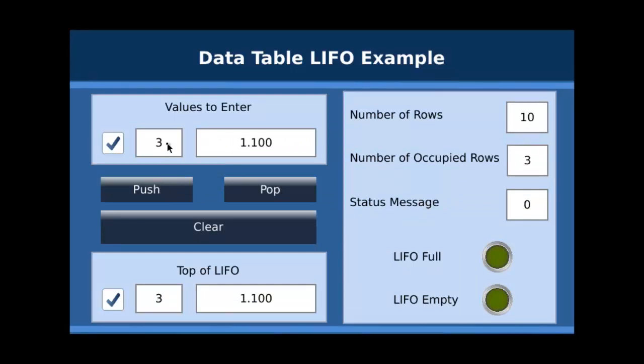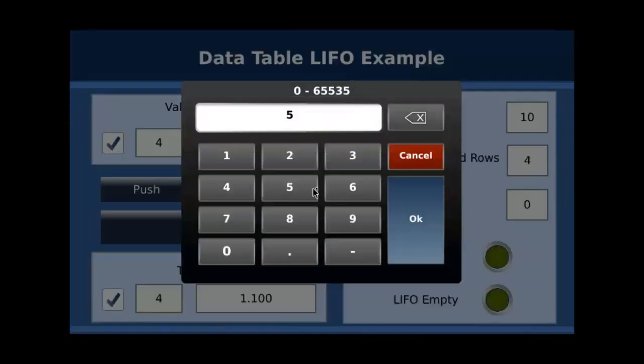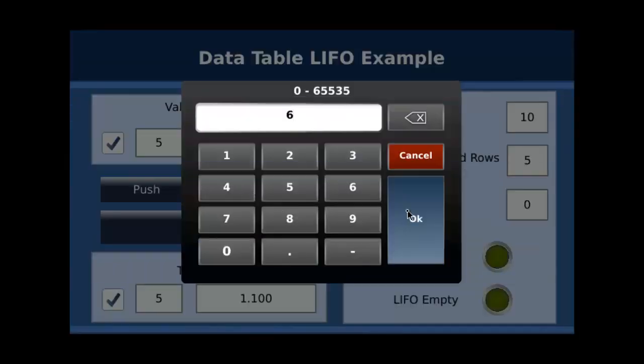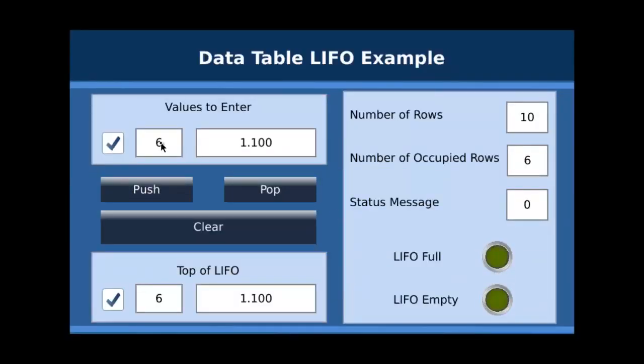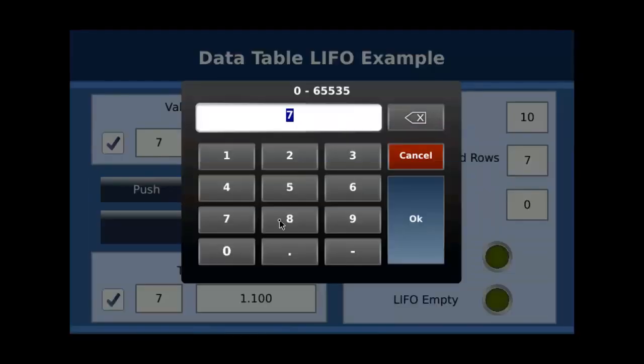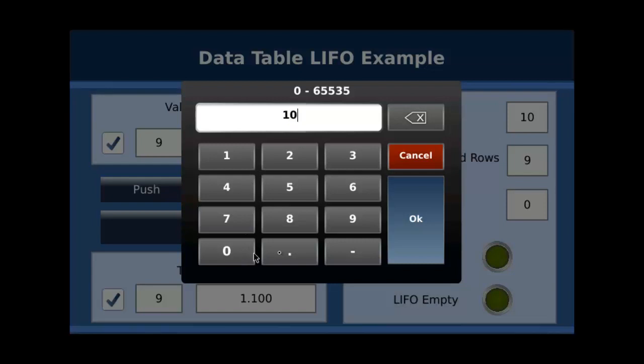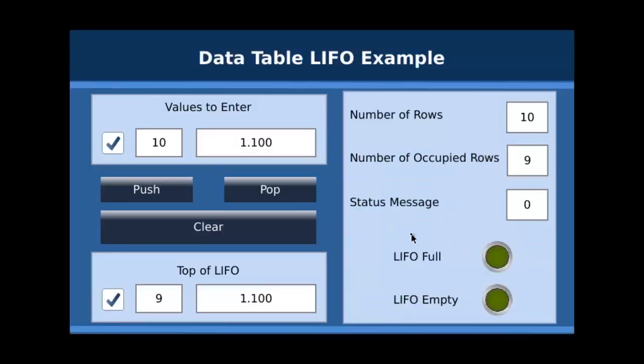3, 4, 5, 6, 7, 8, 9, and finally 10. Now upon reaching the 10th row, the data table's full bit will go high.